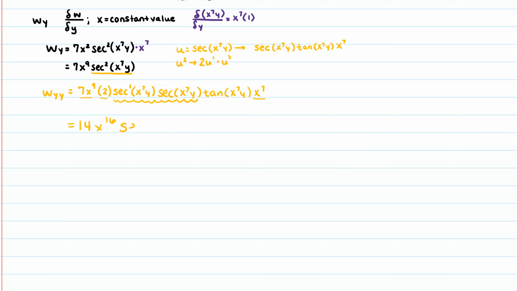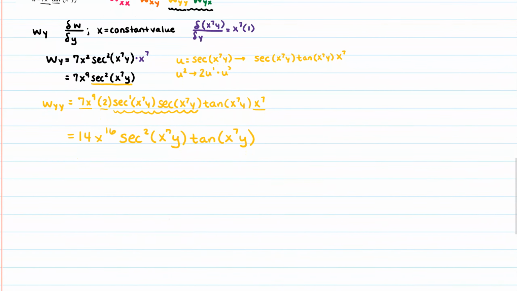So that's secant squared of x to the 7y, and then tangent of x to the 7y. So this is w sub yy. It's the second derivative, or second order partial derivative of w with respect to y and then with respect to y again. So now let's do w sub yx.